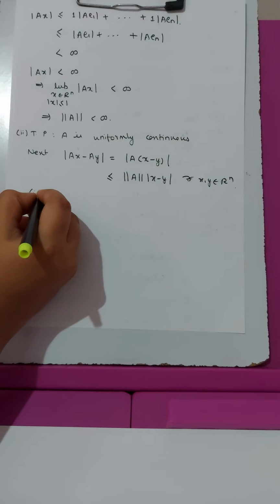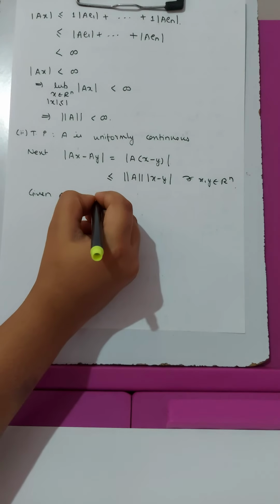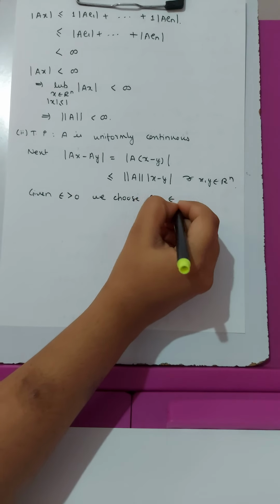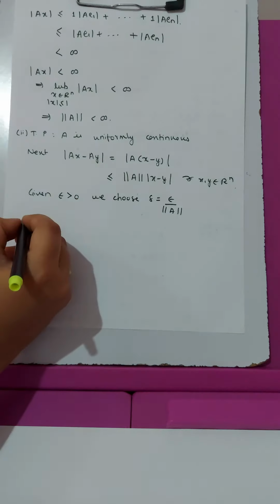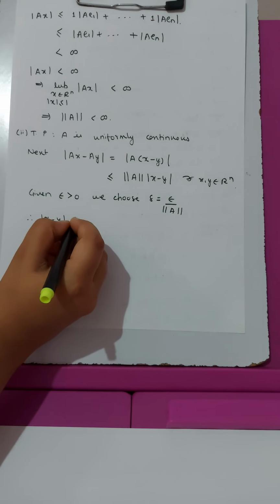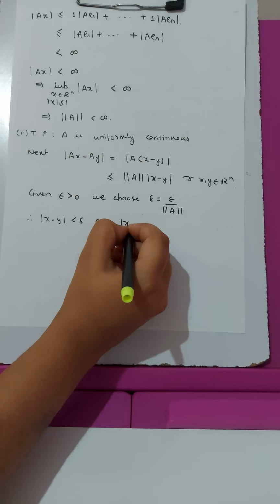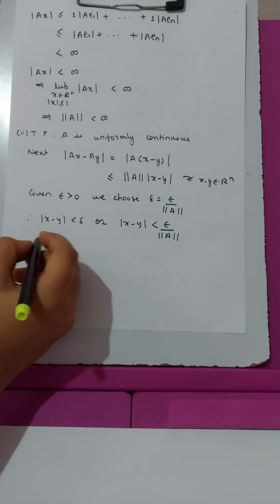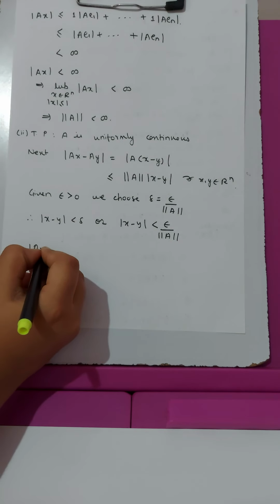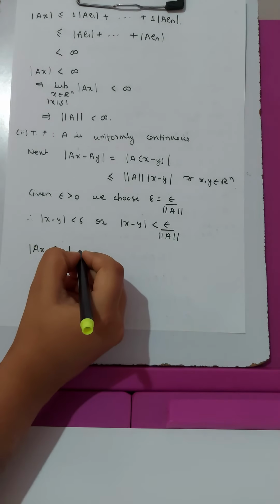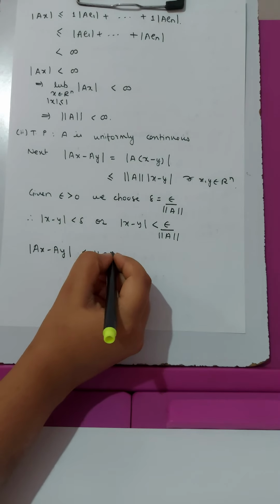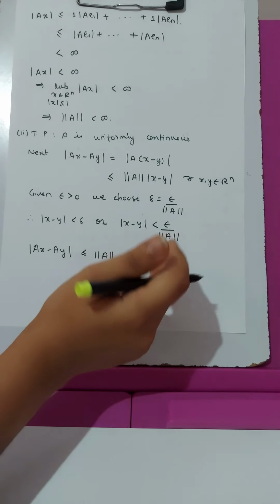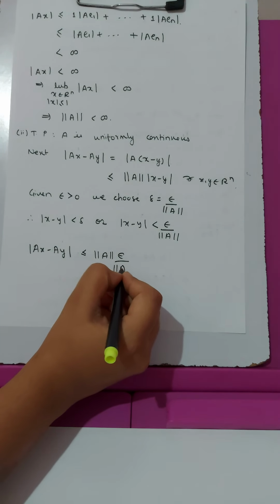Now for given epsilon greater than 0, we choose delta equal to epsilon upon norm of A. Therefore, mod of x minus y less than delta means mod of x minus y is less than epsilon upon norm A. Then from this we can write mod of Ax minus Ay less than norm of A times mod of x minus y, which is less than epsilon upon norm of A.